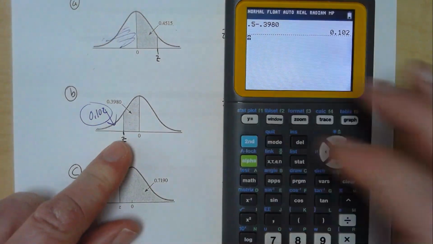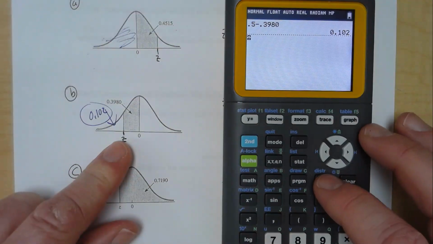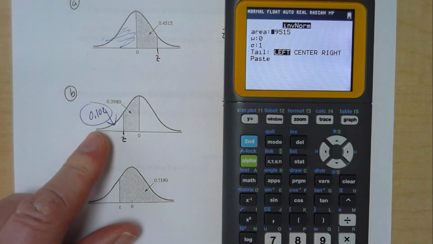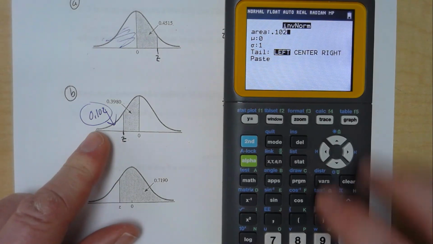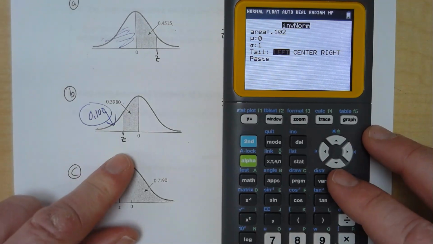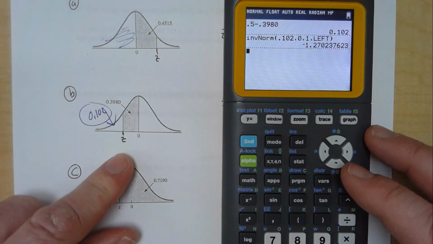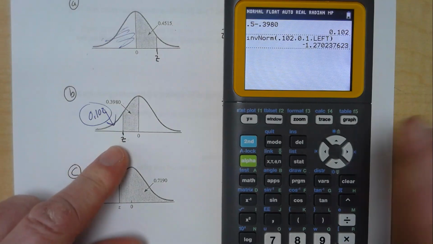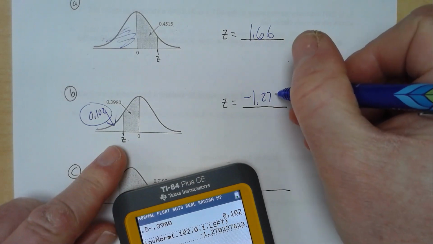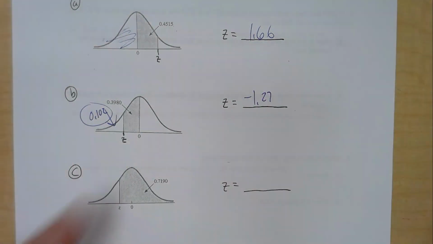So I'm going to go second inverse norm, and I just want 10%, 0.102 to the left, and it tells me that it is negative 1.27. Yeah, that's close enough.